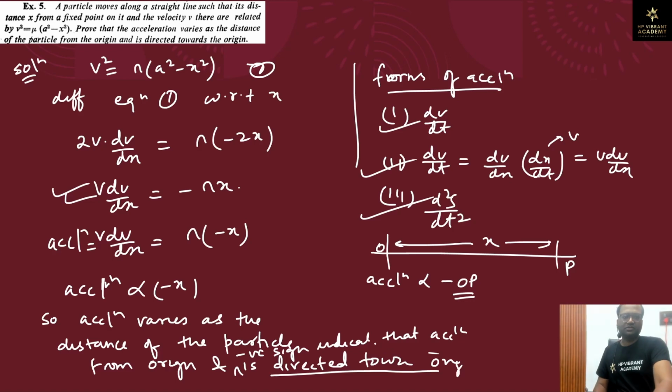Okay, let us discuss question number 6. What is given in question number 6? The velocity of a particle moving along a straight line when at a distance x from origin, center of force, varies as this particular expression. So we have the velocity of a particle moving along a straight line.